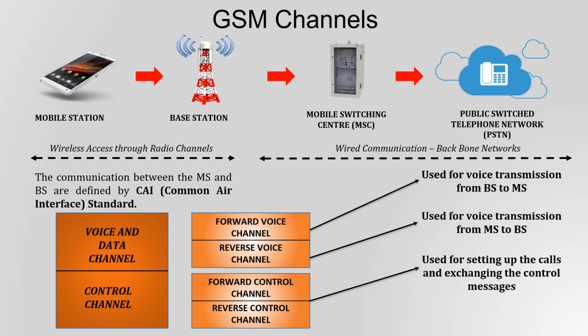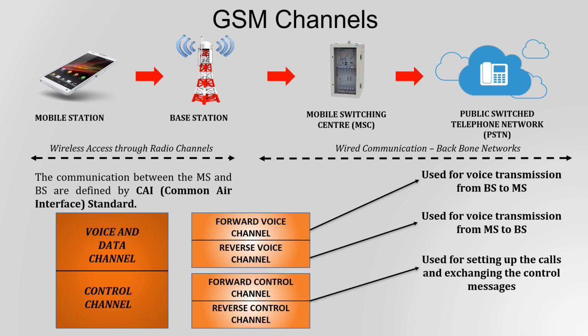Furthermore, the voice and data channel is classified into two halves: the first we call the forward voice channel, and the second the reverse voice channel. Similarly, the control channel is further classified into two halves, the forward control channel and the reverse control channel. The necessity for dividing the channel into four like this is that each channel carries traffic in one direction.